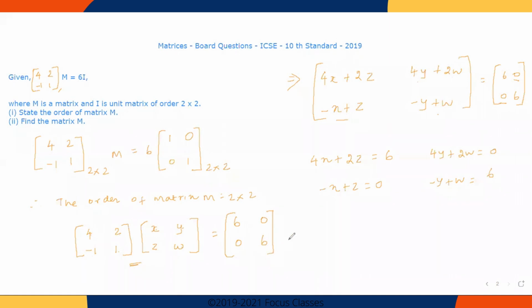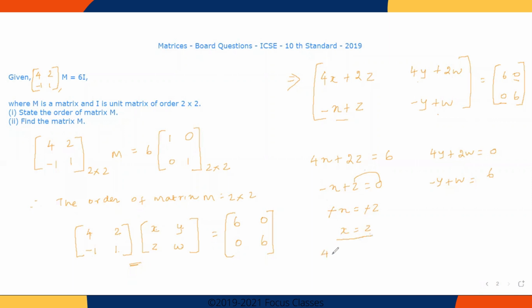So now here we have minus x plus z is equal to 0. So we can write it as minus x is equal to minus z. So upon cancelling these two, we will be getting x is equal to z. So substitute this particular expression over here.